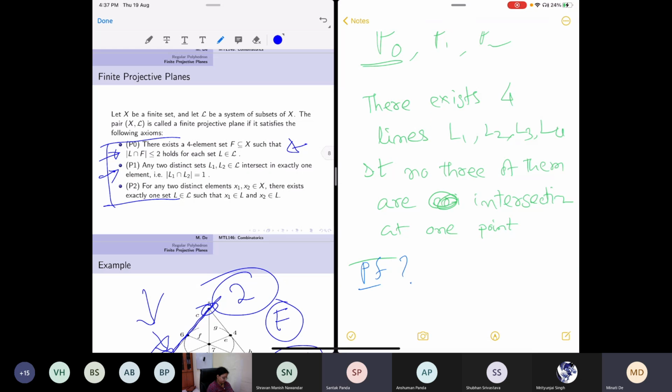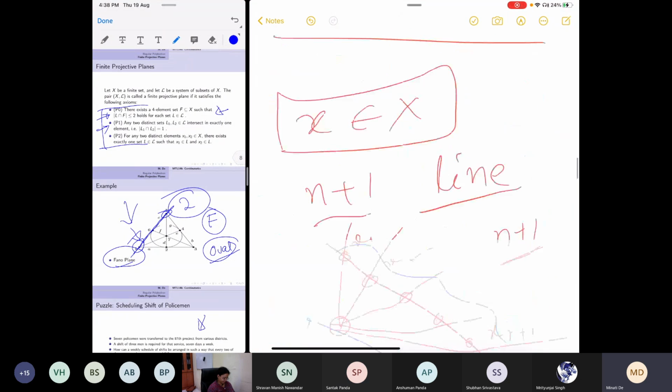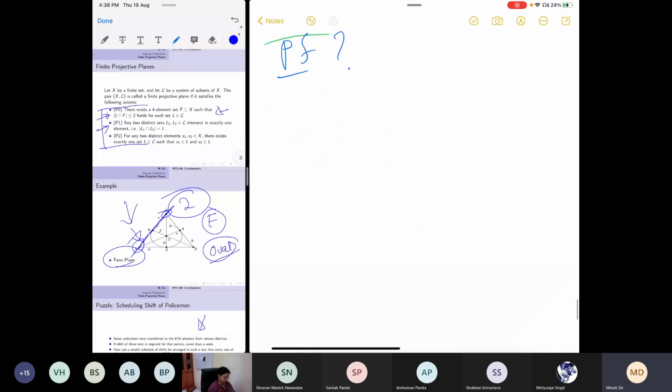Yeah, can you consider the 4 points in P0, that is A, B, C, D? Right. That's the correct guess, and I should say that's the correct approach. Yes. So how will you do this? So consider the 4 points A, B, C, D in F. You know that F is there, and they satisfy the property P0.